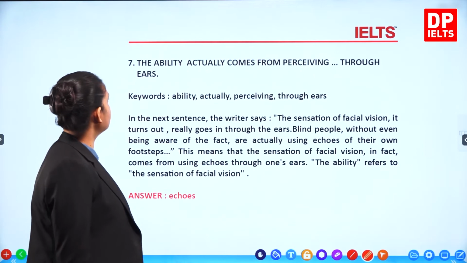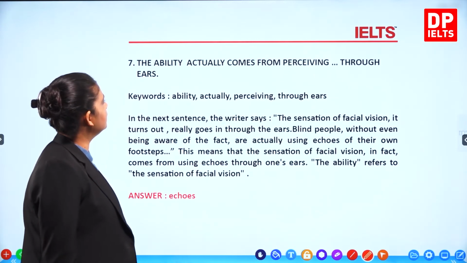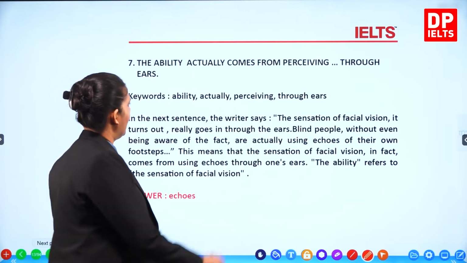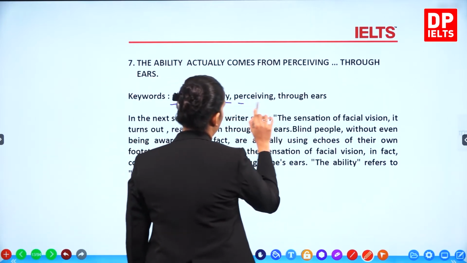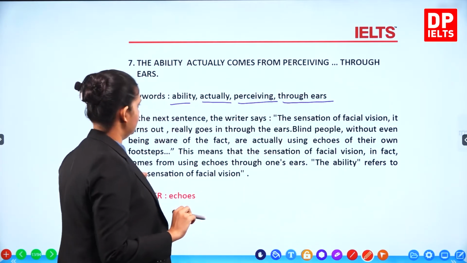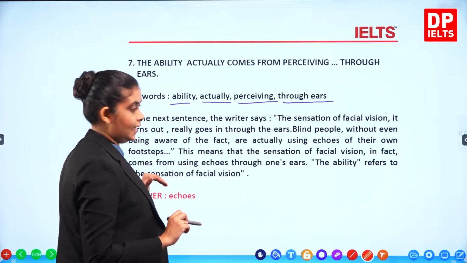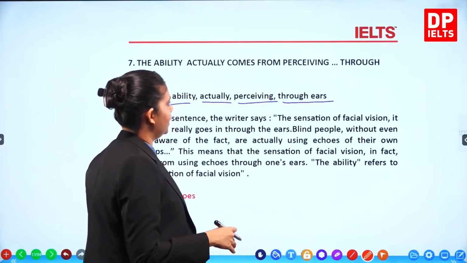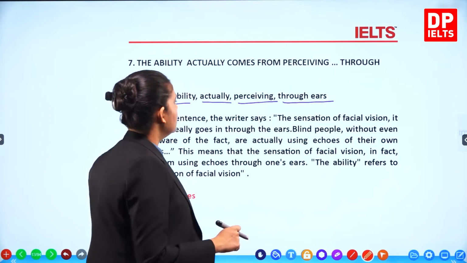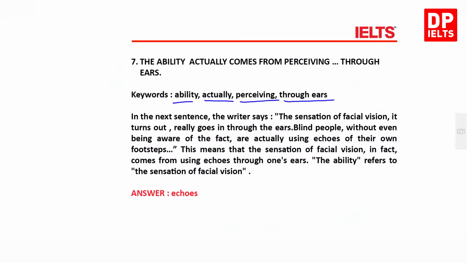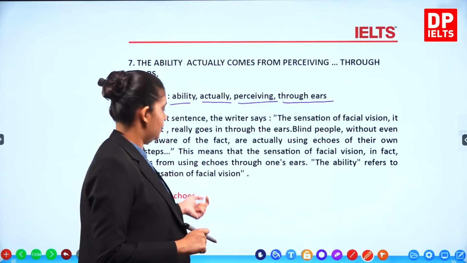Right. Next one. The ability actually comes from perceiving through ears. So let's have a look at it. In the next sentence, the writer says the sensation of facial vision, it turns out, really goes in through the ears.